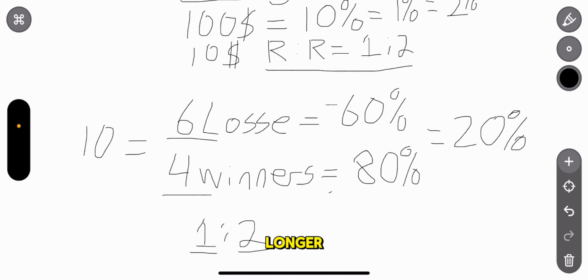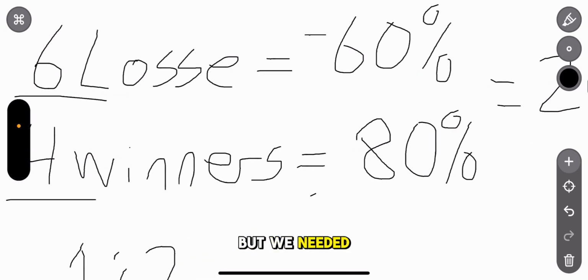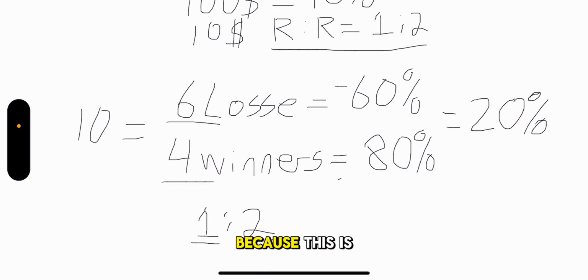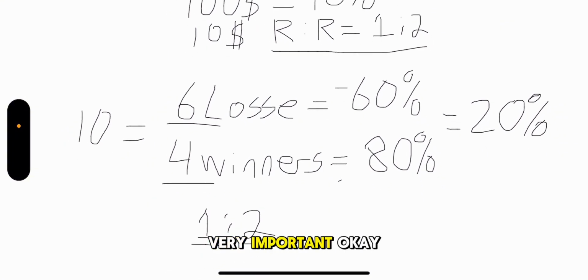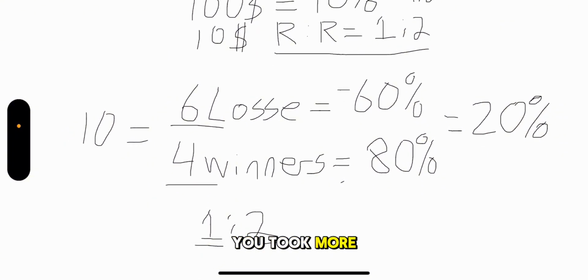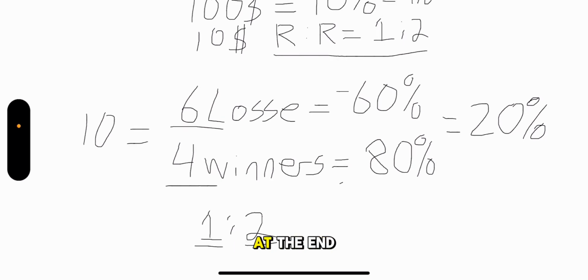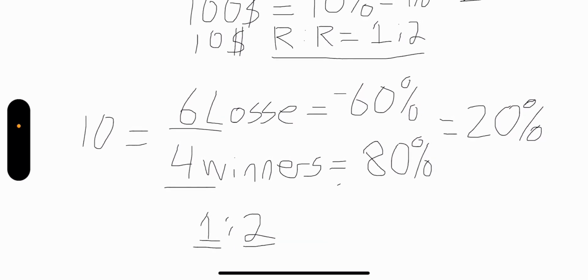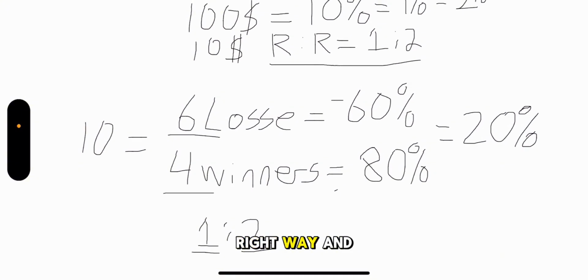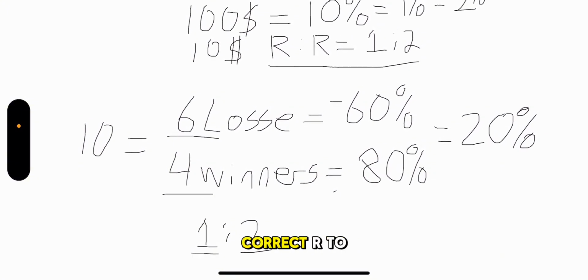This video is a little bit longer, but we needed to go into depth to explain, because this is very, very important. Okay, even though you took more losses than you won, you can still be in profit at the end of these 10 trades if you manage your risk the right way and you use the correct R to R.